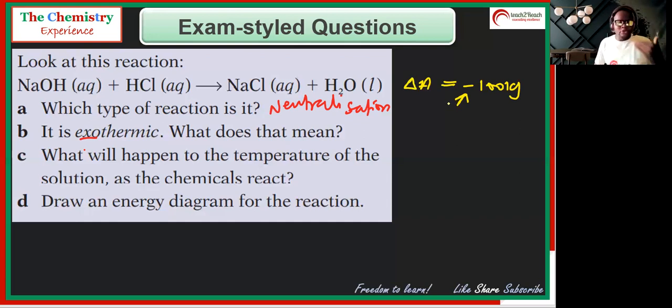So if somebody wants you to allude to the fact that it is endo or exo, they will either give you background information and say when the initial temperature was taken, it was 10. When the final temperature was taken, it was 30. What type of reaction is this? Then you can, based on that information, tell them that the reaction is exo. But just looking at a reaction like this, there is nothing in the question that informs you that it is exo. Do you get me?